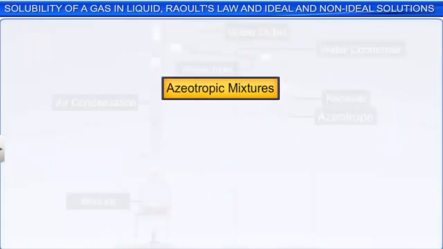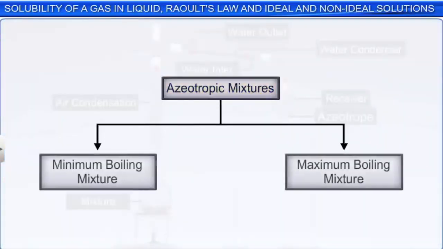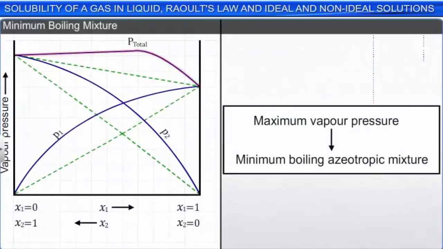Azeotropic mixtures can be further classified into two categories: minimum boiling mixture and maximum boiling mixture. Let us first discuss the minimum boiling azeotrope mixtures. When the positive deviations from ideality are sufficiently large, the mixture is said to be a minimum boiling azeotrope.